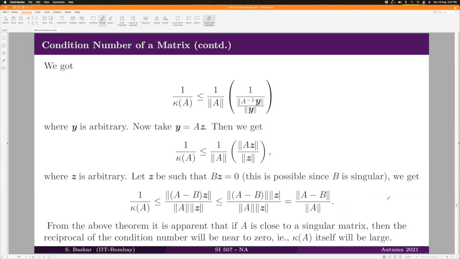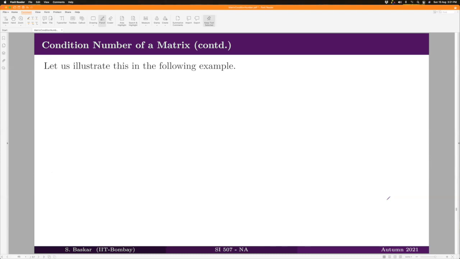So as I told you, if A is close to a singular matrix, then its condition number will be very large. That is what this inequality says. Let us illustrate this through an example. Consider the matrix B, which is equal to 1, 1, 1, 1, which is a singular matrix.